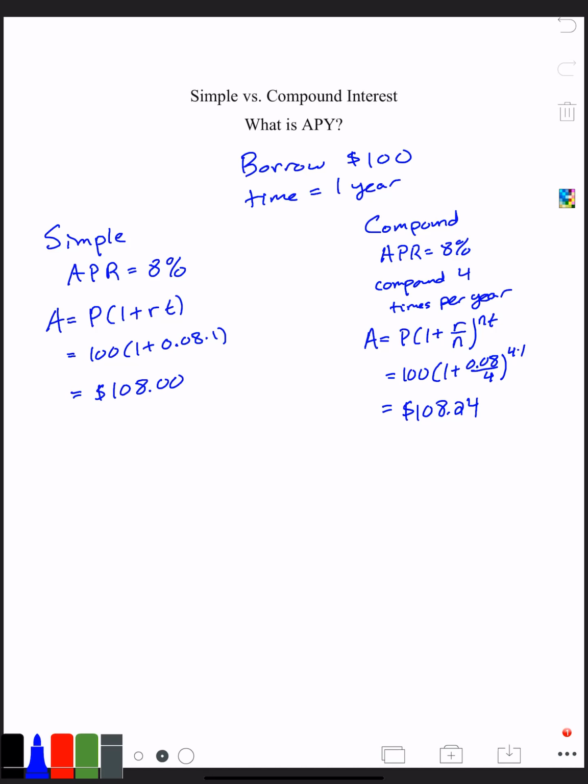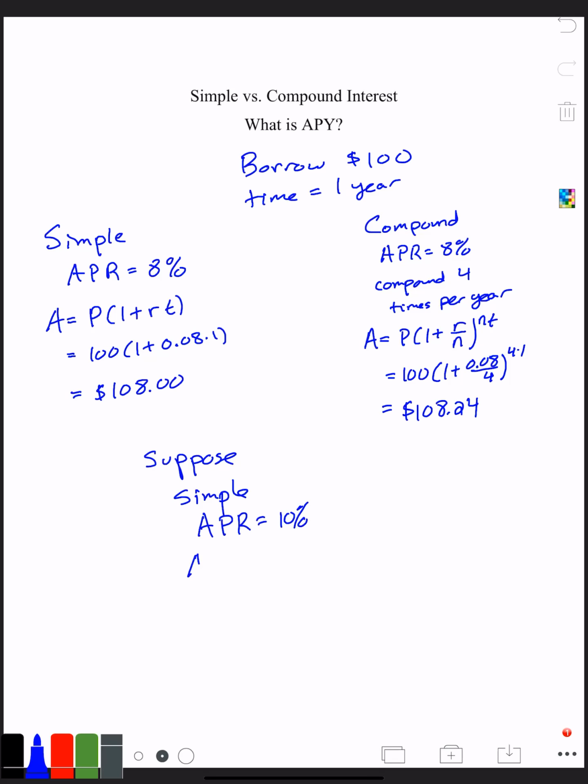Now, since it does count for more, 8% compound is not the same as 8% simple. It is some more amount. We'd like to figure out how much more it is. So let's give another example. Let's suppose instead that we had a simple interest with an APR of 10%.